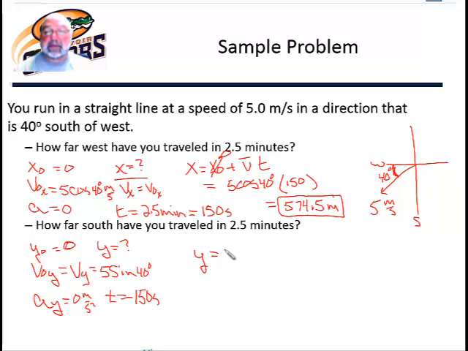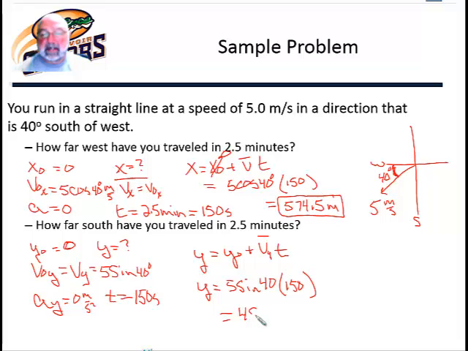So y is equal to y0 plus average velocity in y times t. I should have notated the upper one as x as well. We're looking for y. y0 is 0 again, average velocity is 5 sine 40 degrees, and the time is 150 seconds. After working that out on my calculator, I came up with 482.1 meters.